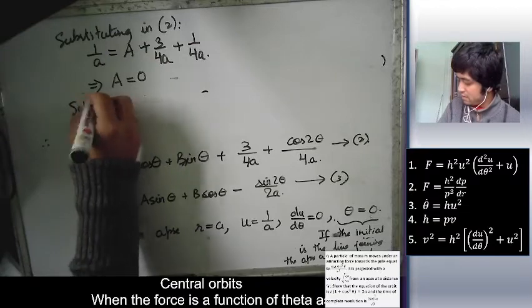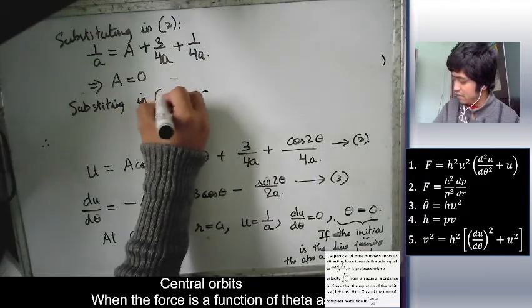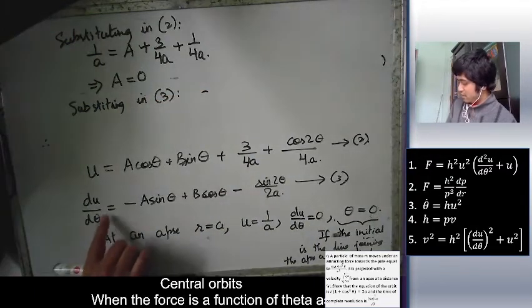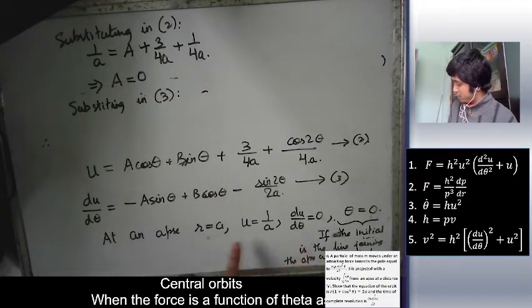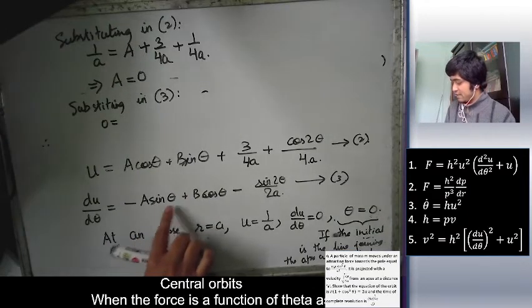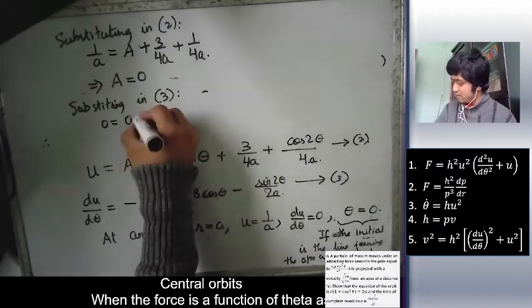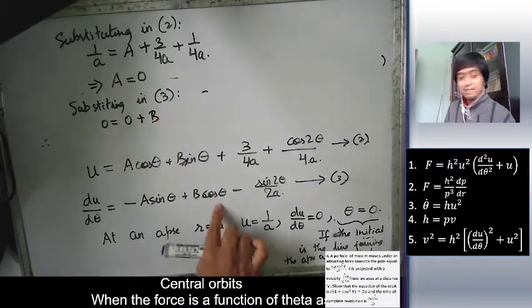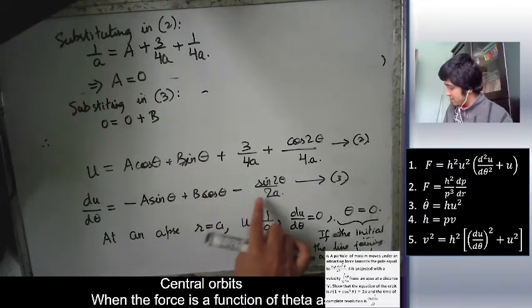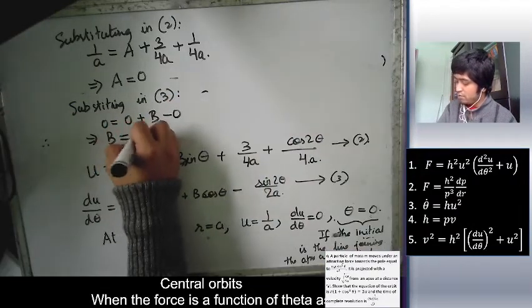Substituting in 3, du d theta will be equal to 0 from this condition. Minus a sine 0 will be 0, plus b cos theta, so it will be b, since theta is equal to 0, and this one will be 0. So it gives you that b is also equal to 0.